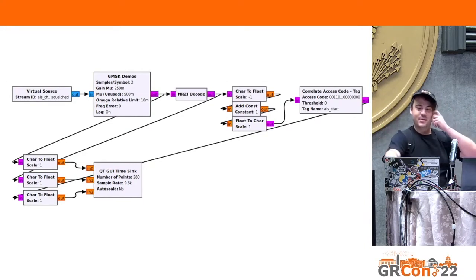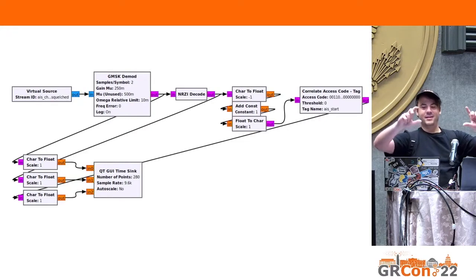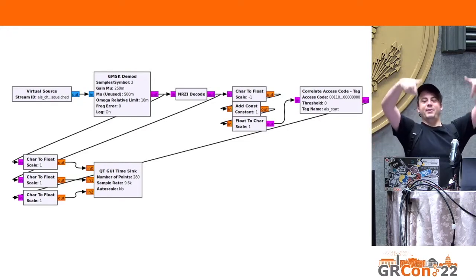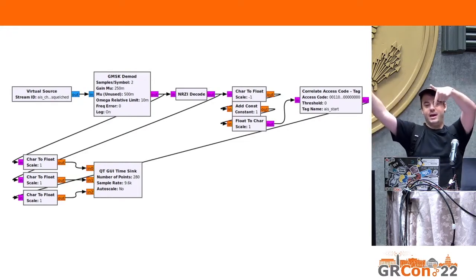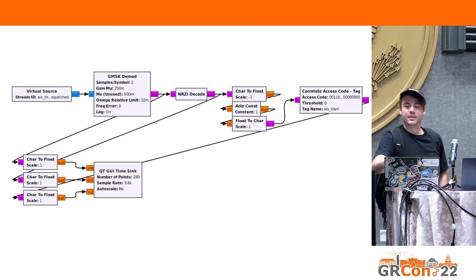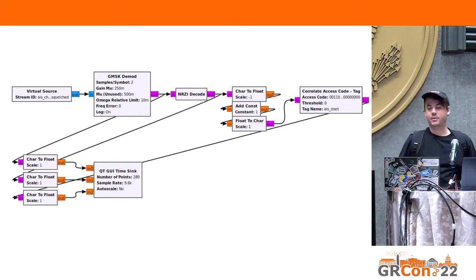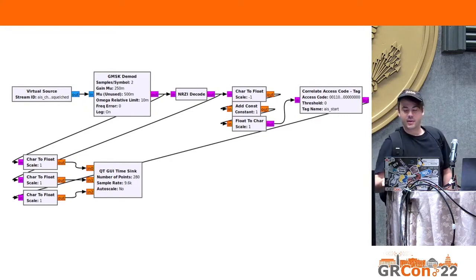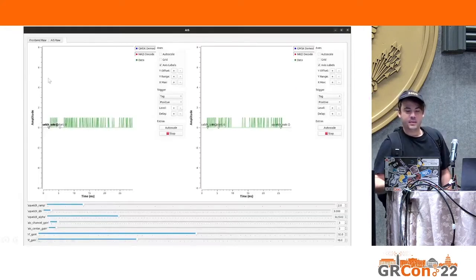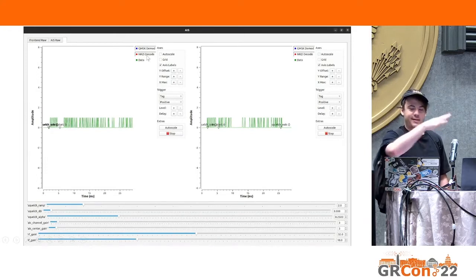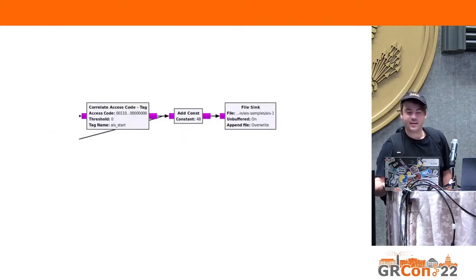So first we flip it, then we bring it up 1, then we turn it into a character, and then we can do the correlate access code tag because AIS has a known preamble in the front, and we put all three into the time sink so we can see. Right here I have the GMSK demod and NRZI decode stages turned off in this example, but in the actual final output, you can see the AIS preamble in the front, and then a payload following.